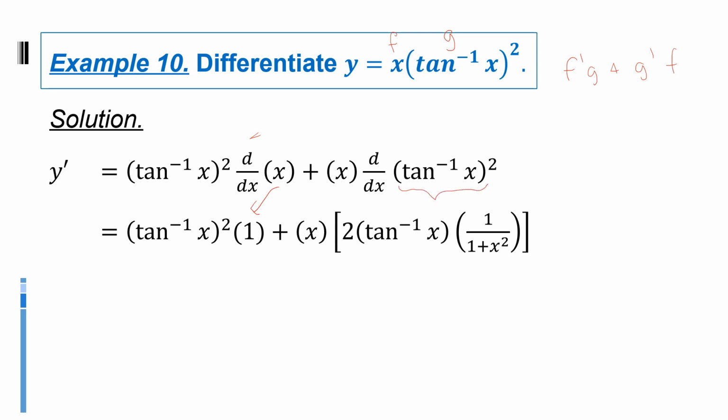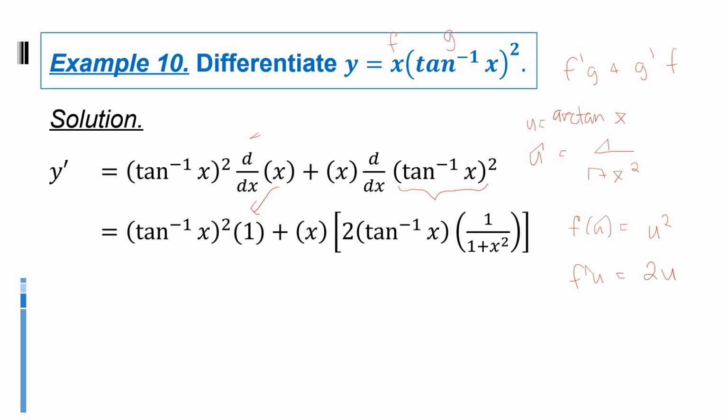Okay? Our u is equal to arctan of x. So u prime now equals 1 over 1 plus x squared. Then our f of u is u squared. Okay? And f prime of u is equal to 2u.